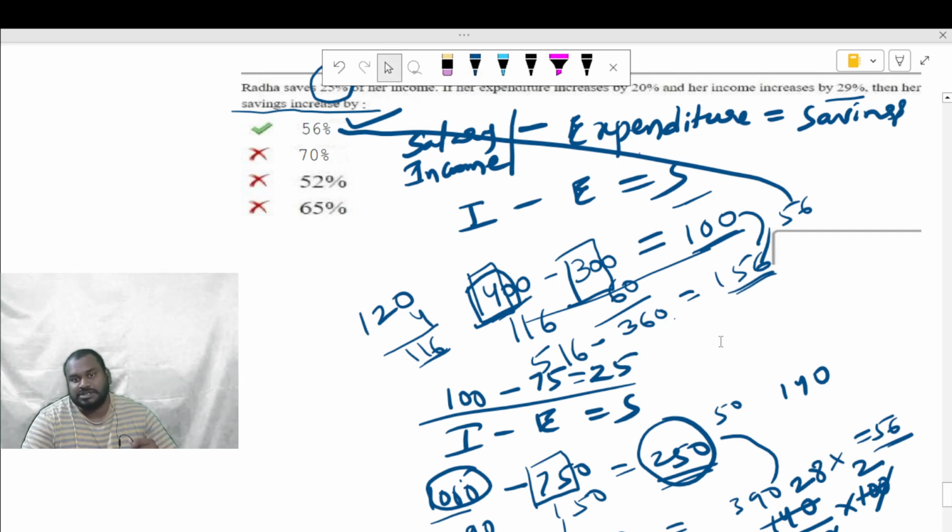Put it in the comments whether you are able to know or not. Assume 25 as savings, 100 as income. Subtract from income, do it.